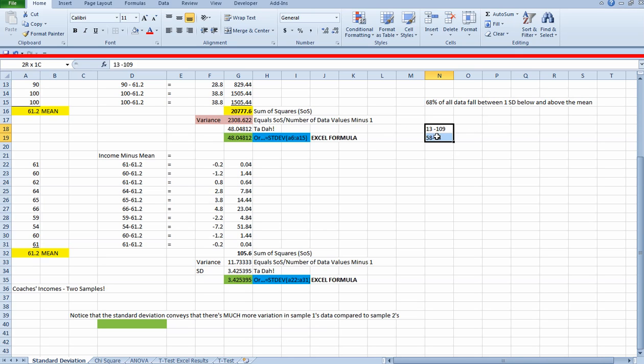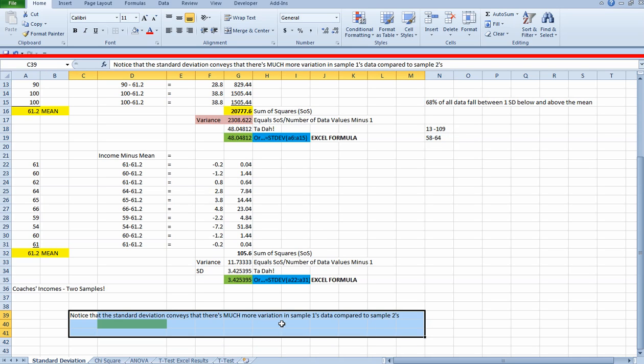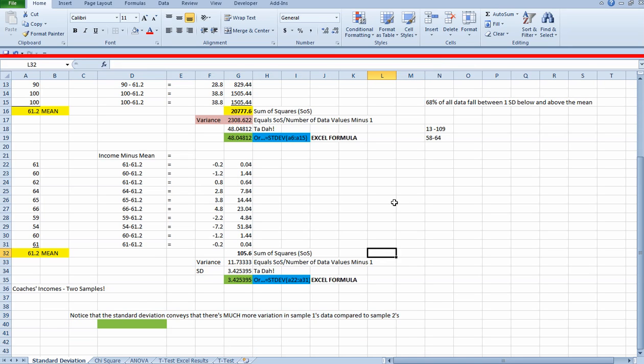Look at the difference there on the basis of the standard deviation. The standard deviation conveys that there's much more variation in sample 1's data compared to sample 2's data. It's just a good way to help us understand data.